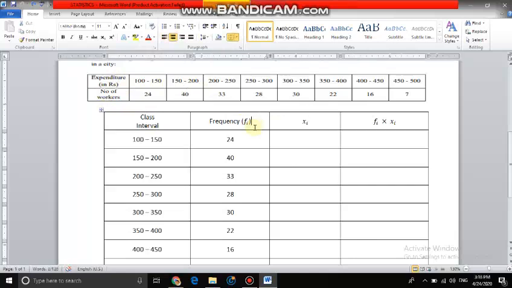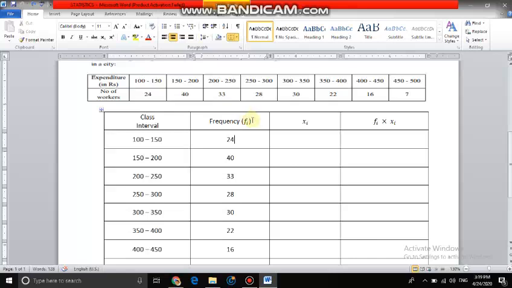So Fi means this is F1, this is F2, here it is F3, F4, F5, then F6, F7, and it continues. These are the first frequency of the first interval, the second frequency of the second interval, the third frequency of the third interval, and so on.